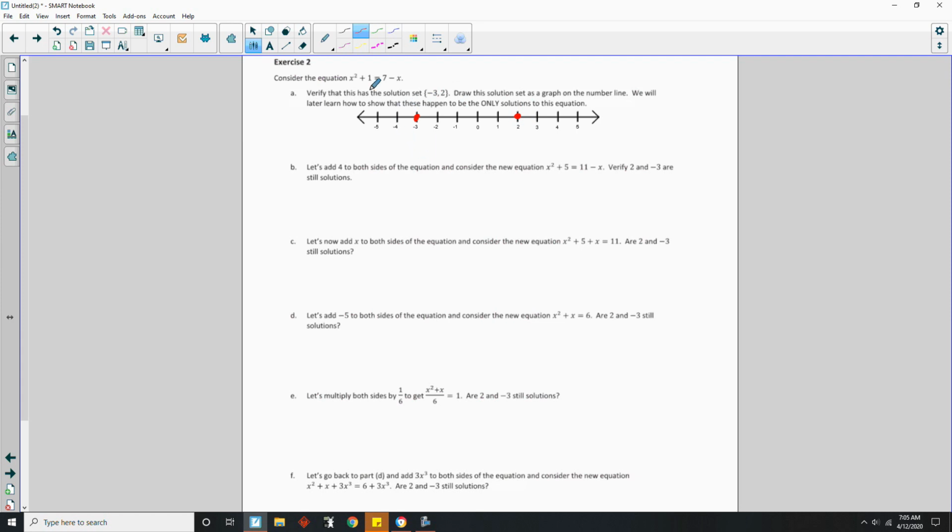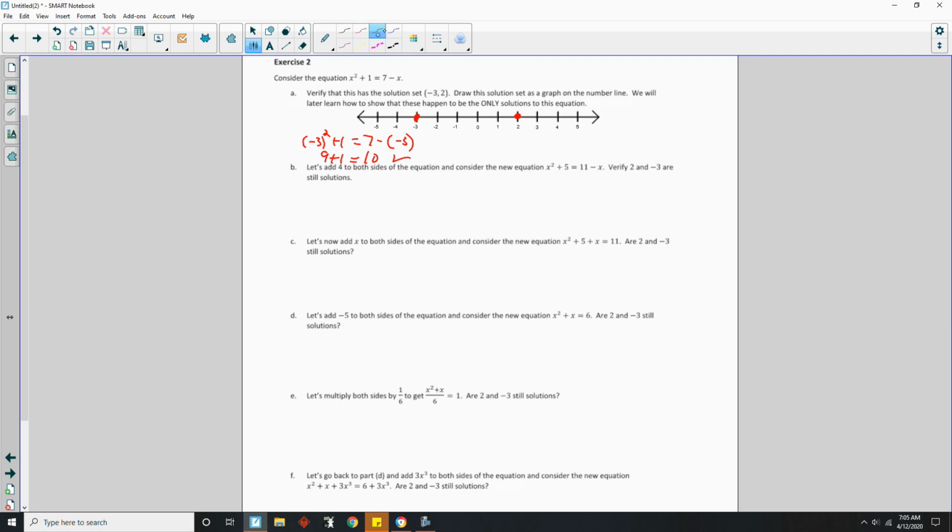Now we need to verify that these solutions are true. So what we do is take these and substitute them in for x. I'll take that negative 3 and square it, add 1, and set it equal to 7 minus that negative 3. Negative 3 squared is 9, plus 1 is 10, and 7 minus negative 3, or 7 plus 3, is 10. 9 plus 1 equals 10, that is true.